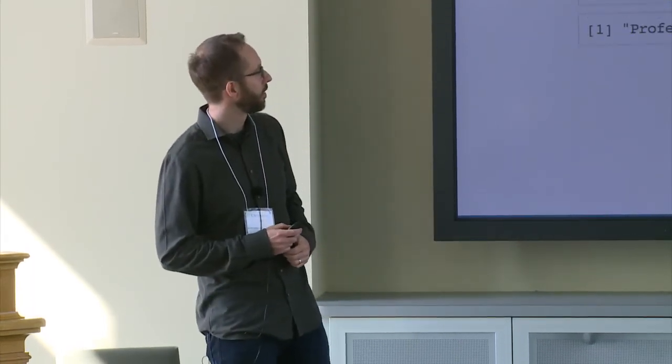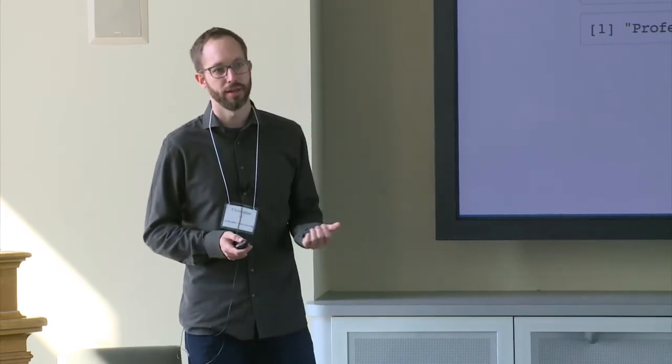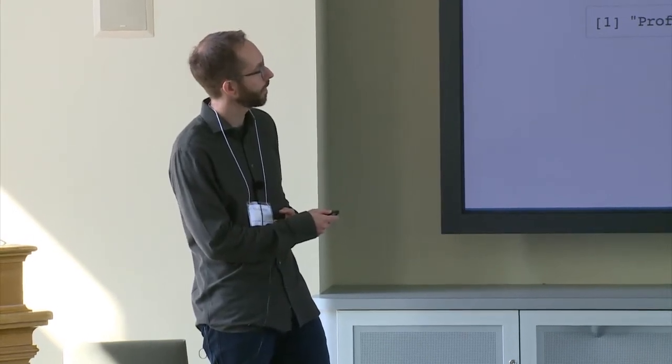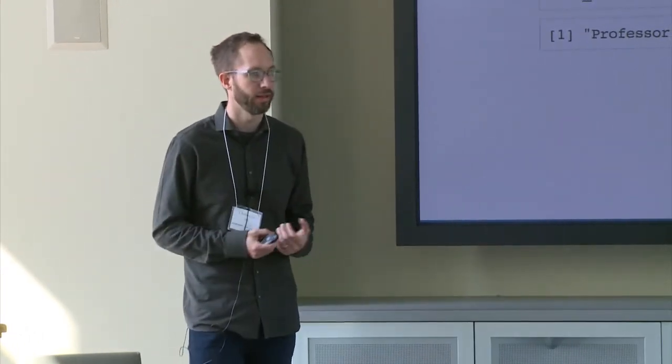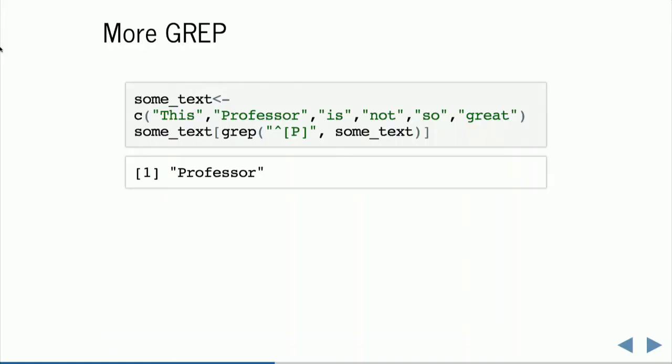So for example, you may want to find out words that begin with P in a text, right? This caret here is the way that we would indicate in a regular expression that we're looking in this text that we've called some text to see whether or not there are any words that begin with capital P, right?